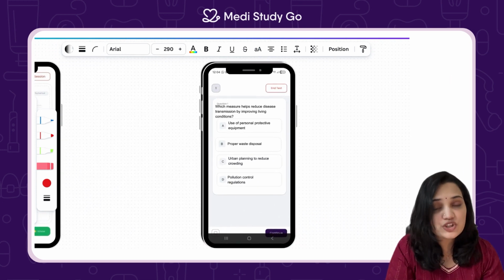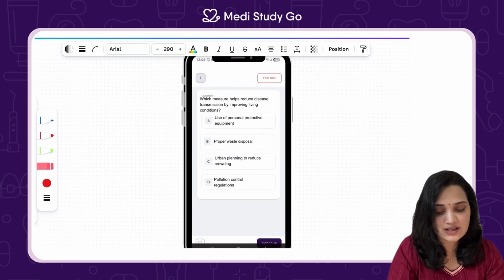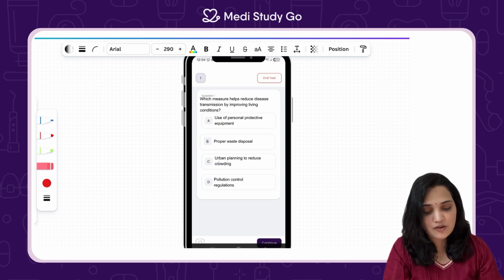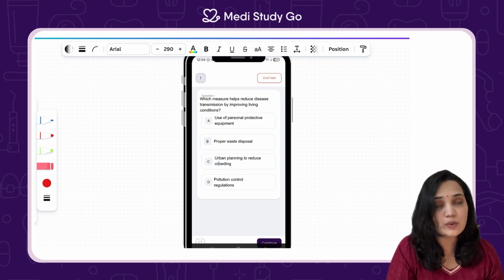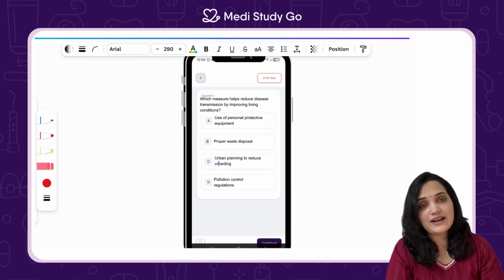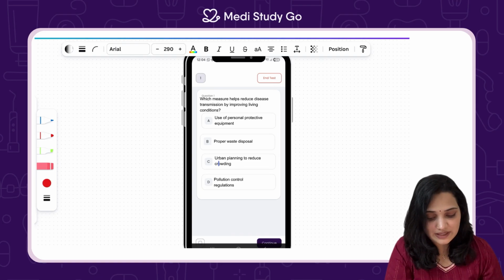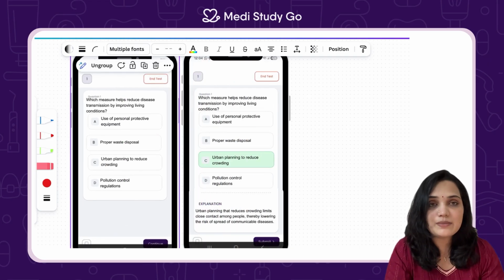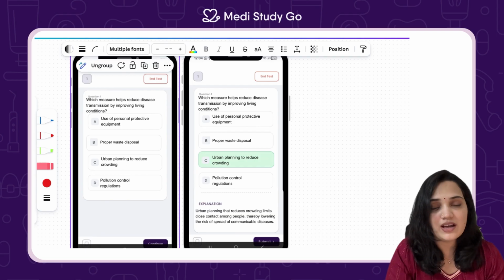Now, which measure helps reduce disease transmission by improving the living conditions? A. Use of personal protective equipment. B. Proper waste disposal. C. Urban planning to reduce crowding. And D. Pollution control regulations. The answer is urban planning to reduce crowding. And why?